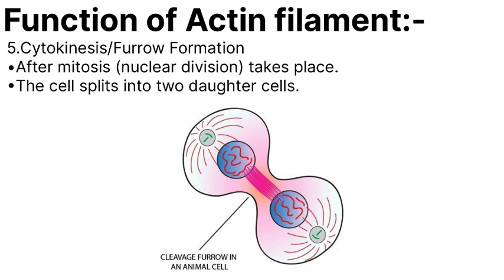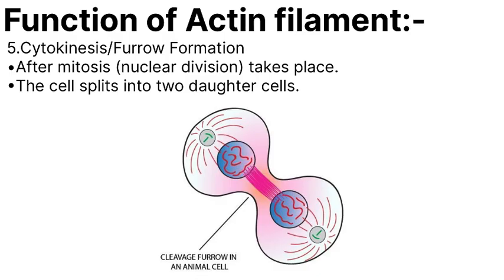You can see in the diagram, it generates a force to pull the membrane inward to form the cleavage, or the furrow-like structure, in animal and human cells to physically divide the cell into two daughter cells, each with its own nucleus and organelles.